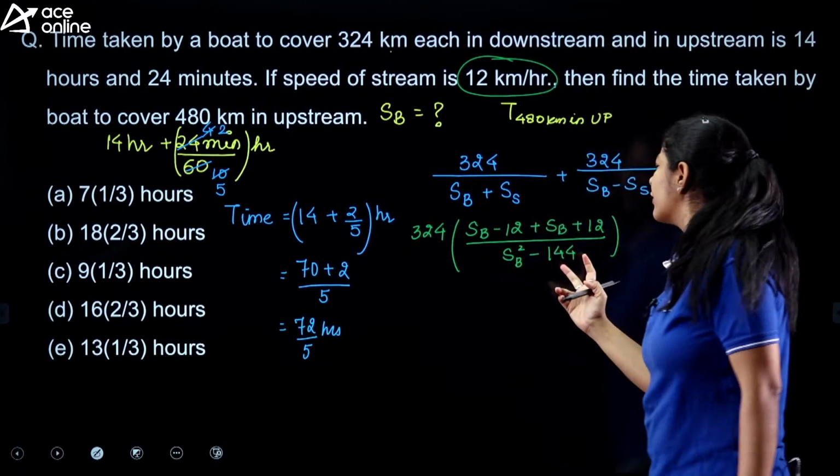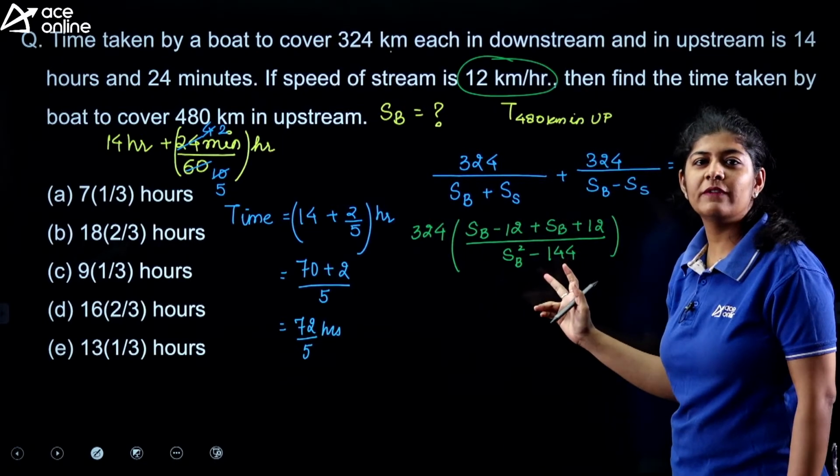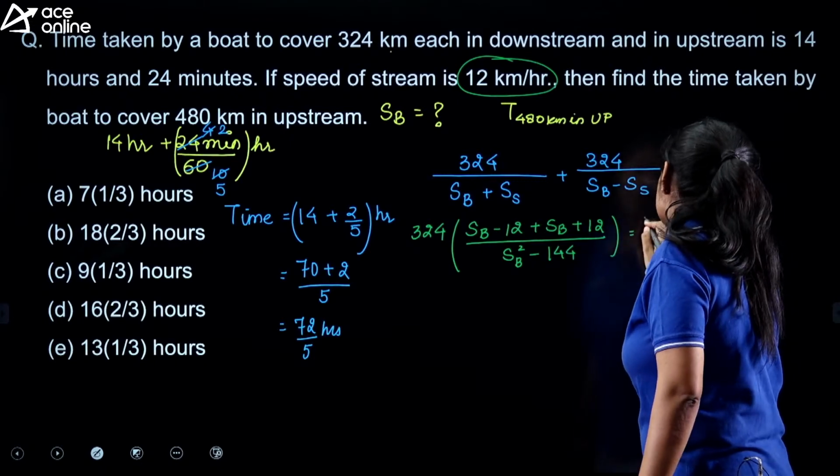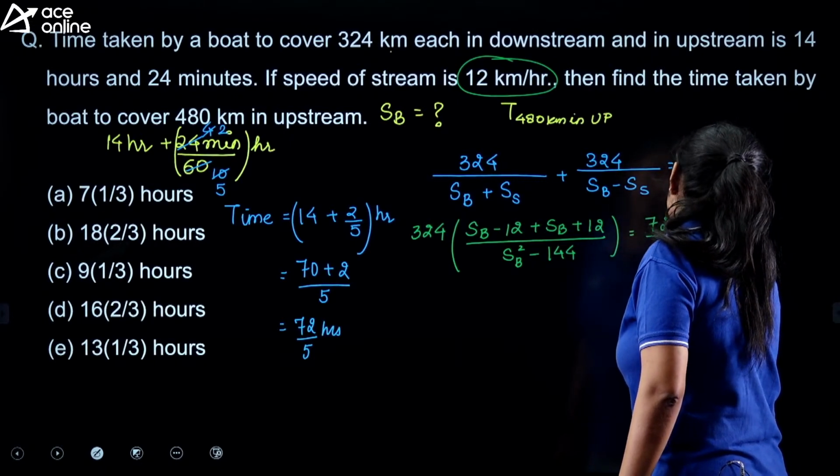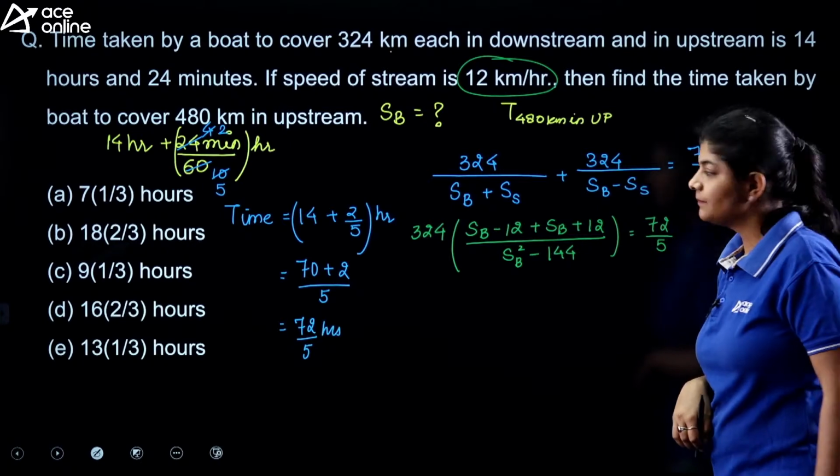How am I getting 144? Because the square of 12 is 144, and this is equal to 72 by 5.